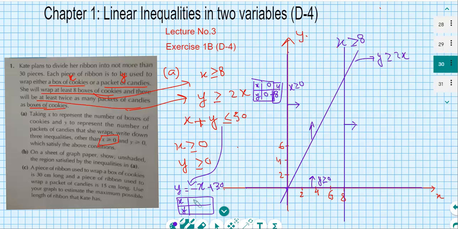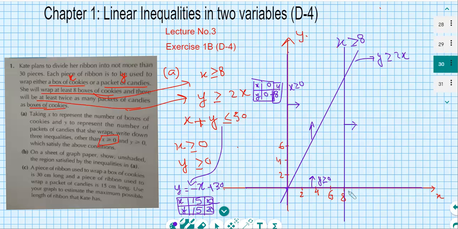So I'm putting here 15, I get 15. For 10, I get 20. So there are 2 points: 10, 20 and 15, 15.